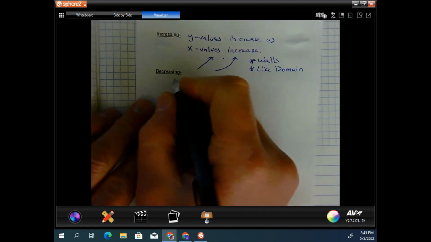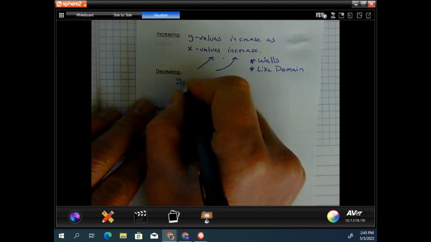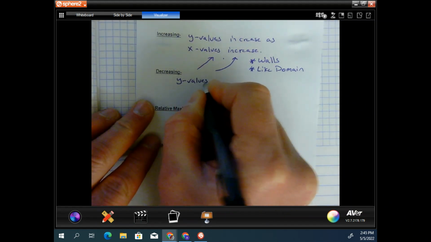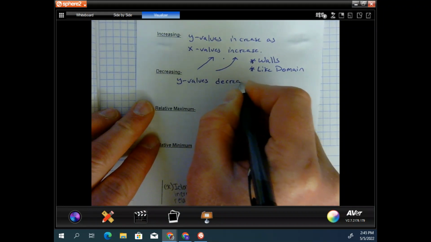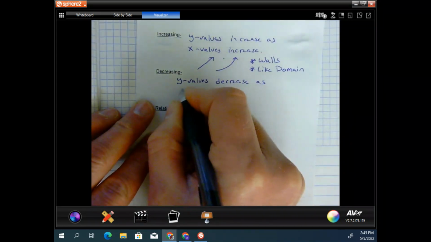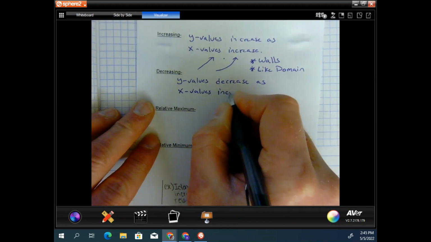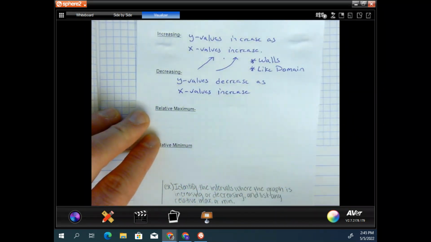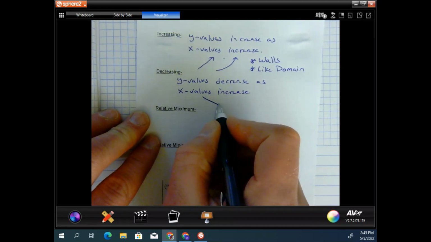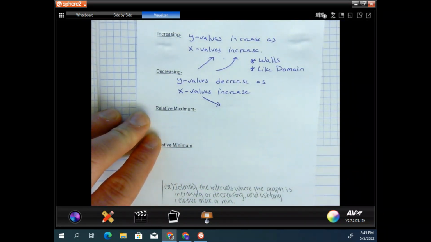Decreasing is just the opposite in terms of the y values decrease as x values increase. So our arrows are going to look, or the parts of the graph are going to be going down.